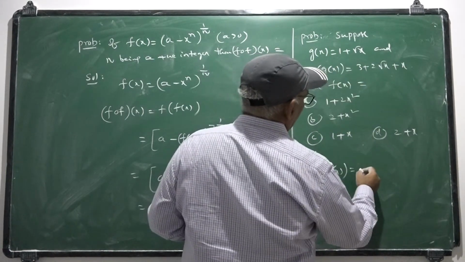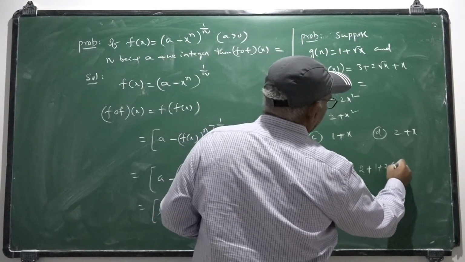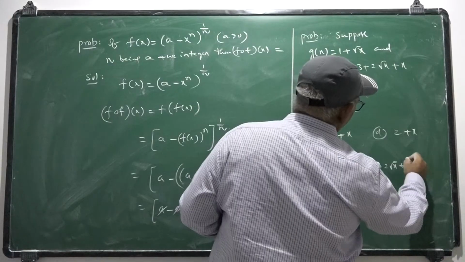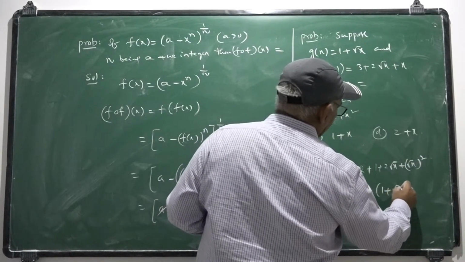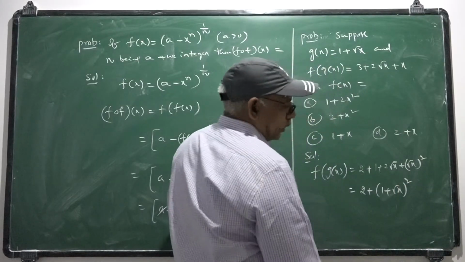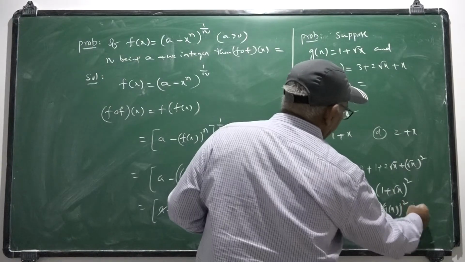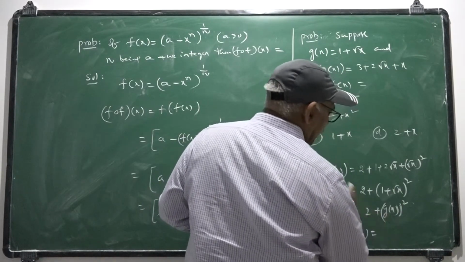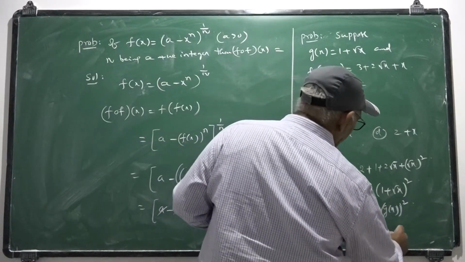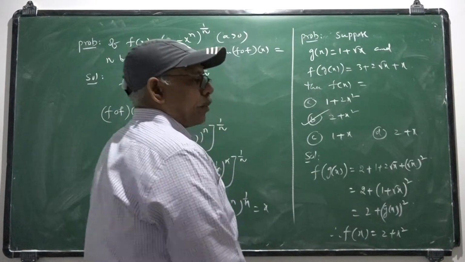So that is 2 plus 1 plus 2 root x plus root x whole square. That is 2 plus (1 plus root x) whole square, which is 2 plus (g(x)) whole square. Hence, f of x, replacing g(x) with x, we get 2 plus x square. Hence, the second option is the right option.